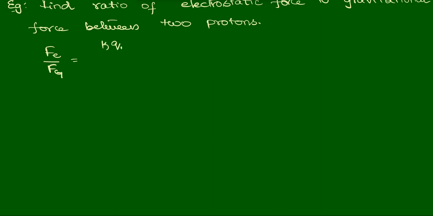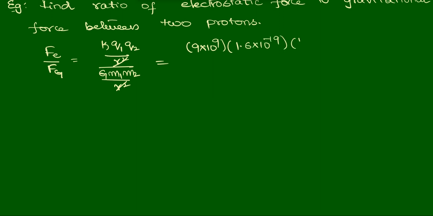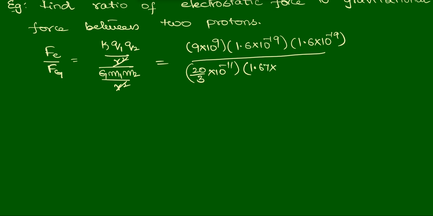Electrostatic force is K Q1 Q2 by R², and gravitational force is G M1 M2 by R². As R² gets cancelled, we'll have K value as 9 × 10^9, charge of proton 1.6 × 10^-19 twice, and G value 6.67 × 10^-11, with mass close to 1.67 × 10^-27 kg, and this is also 1.67 × 10^-27 kg.